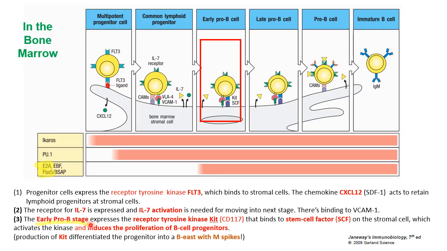Okay, so after that, you're going to have your whole development of your B cell receptor, right? So after you express E2A and PAX5, you're going to start expressing your heavy chain, your light chain. You go from the pro-B to the pre-B.